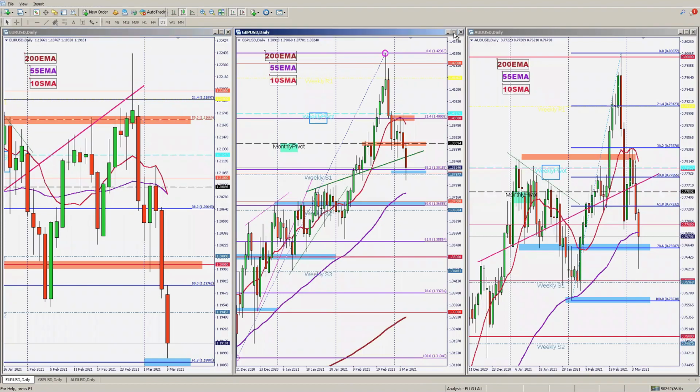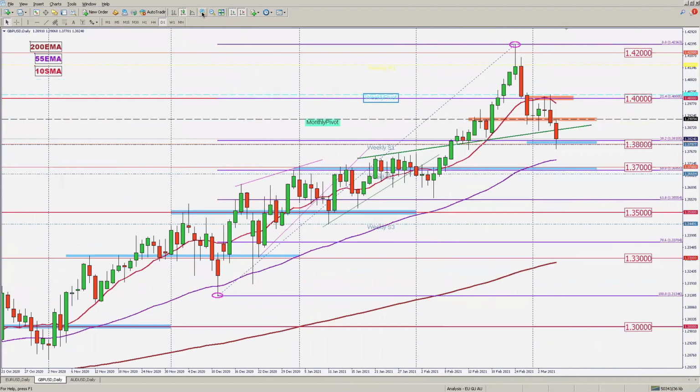Let's move on to the cable. And there's no major news for the UK this week. Likewise, after a bearish couple of days at the end of February, there was just a slight pullback to test the 140 area, which was the key support at that time.